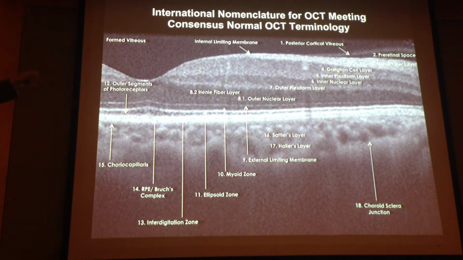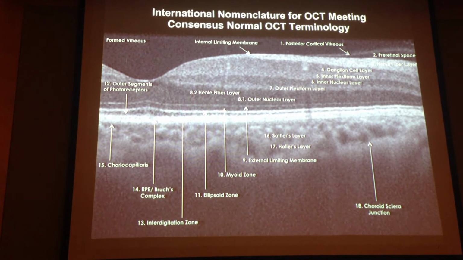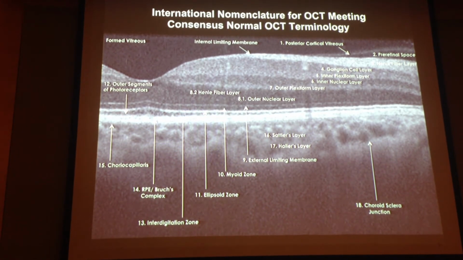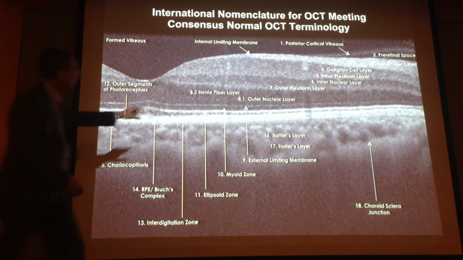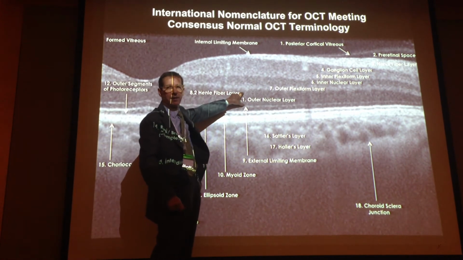So going back to the normal visualization of the normal OCT, remember that any image of the OCT angio is coming from the same light. So what you see in the reflective OCT, you will see also in the angio. And you see that the nerve fiber layer is dark.